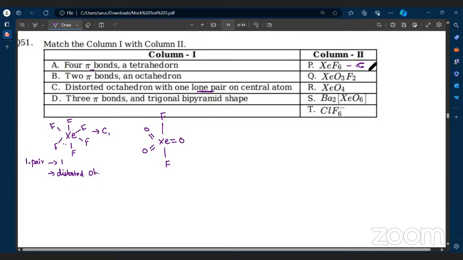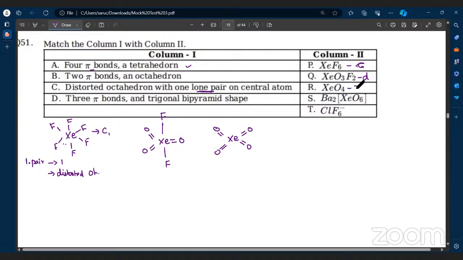Now moving to XeO4. Option A. XeO4 has 4 pi bonds and no lone pair. So therefore it is going to be a tetrahedron.